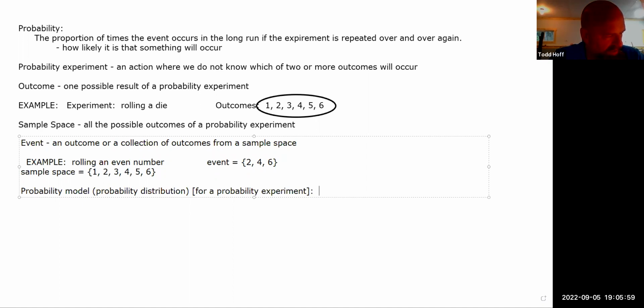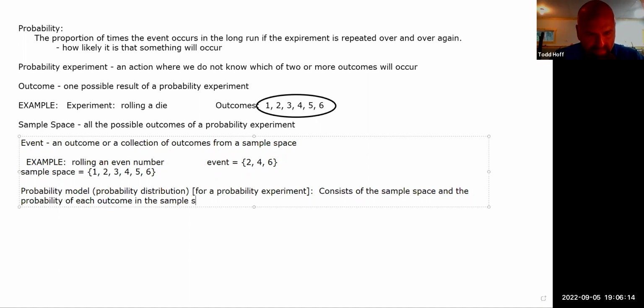It simply consists of the sample space and the probability of each outcome in the sample space. So it lists all of the outcomes and the probability of each of them.